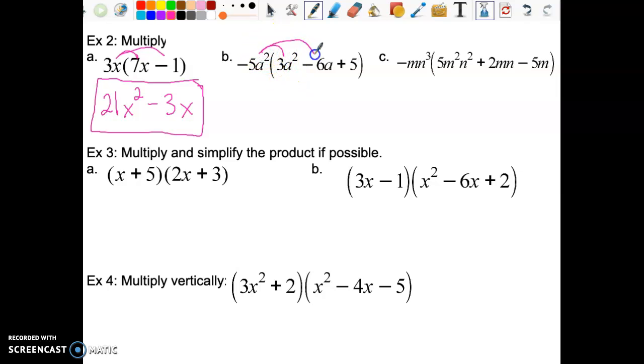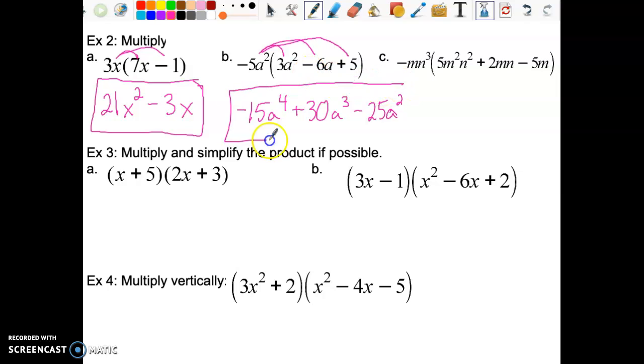Just make sure that when you're asked to distribute to a trinomial, you end up with a trinomial. So we're looking at negative 15 a to the 4th plus 30 a to the 3rd minus 25 a squared. Notice that the negative changes the signs of each term.